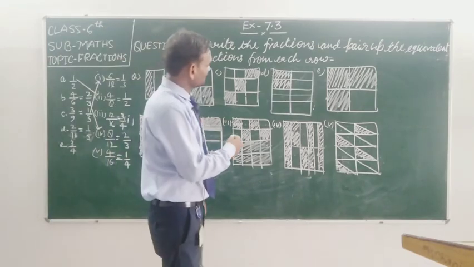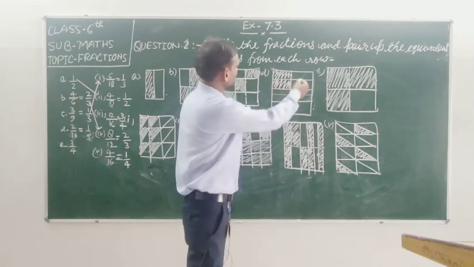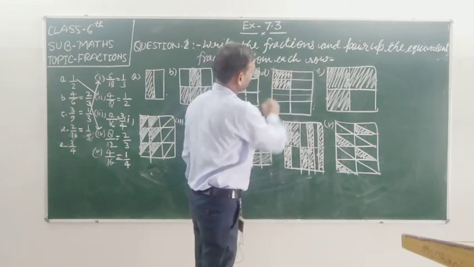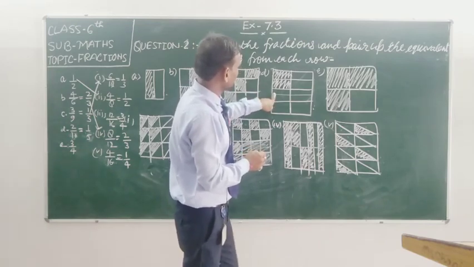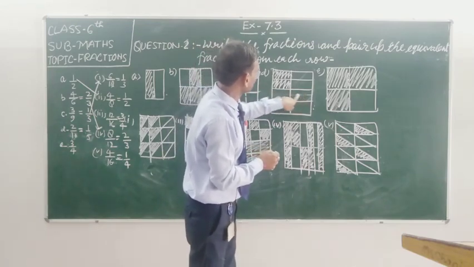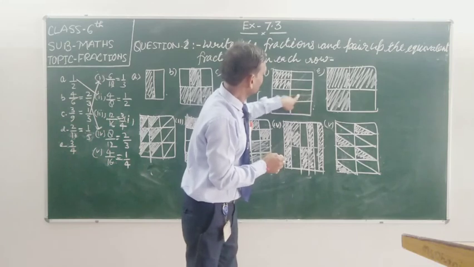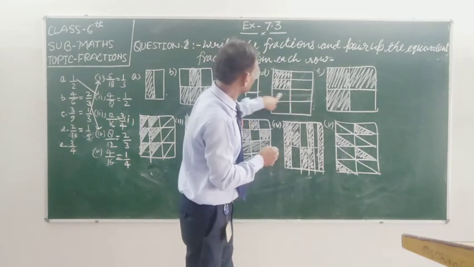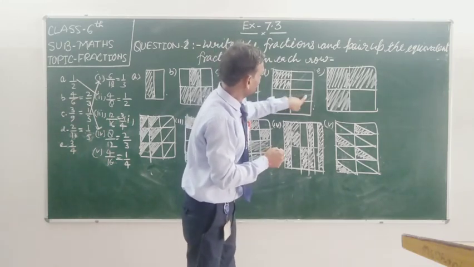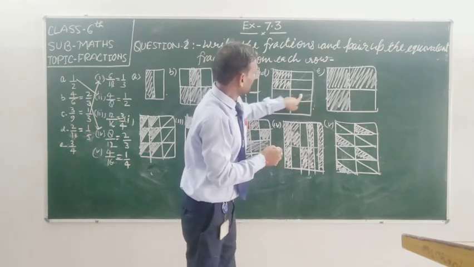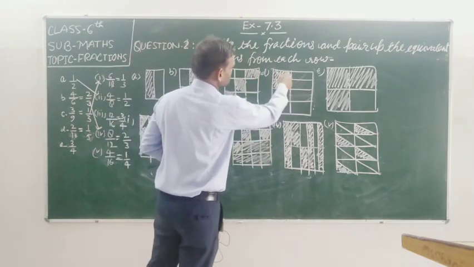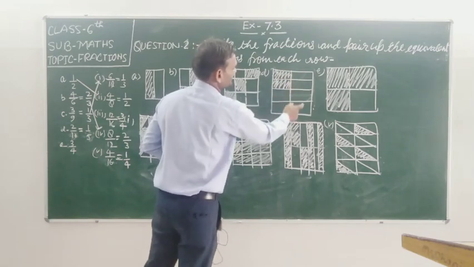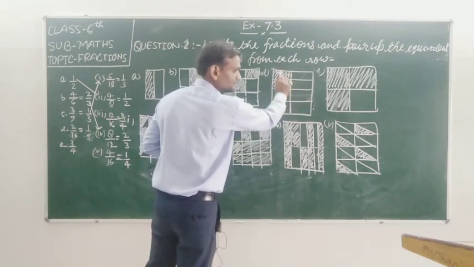Okay, student. Sorry, student. This figure has been drawn wrong. This figure has 8 parts only, not 10 parts. This is given in your book. I have drawn it wrong here. This has only 8 parts, 1, 2, 3, 4, 5, 6, 7, 8, and I have drawn 10 parts.